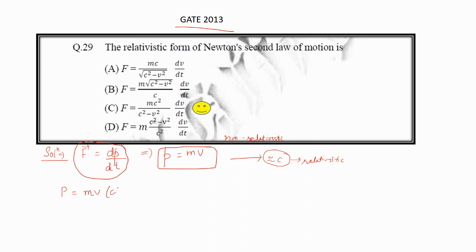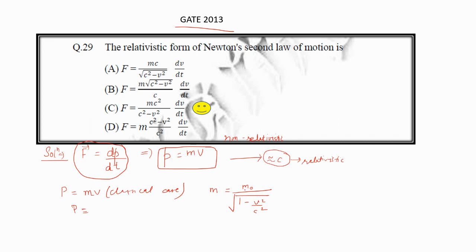But in the relativistic case, you will replace mass with m naught upon under root 1 minus v square by c square, right? Here I'm denoting rest mass with m. Don't get confused.